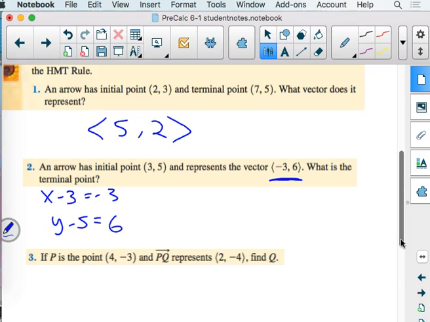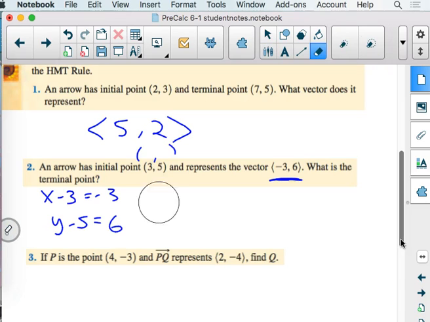Now, do you have to do that formula about it? If you're looking at this saying, well, can't I just work backwards? Yeah, then do that. Think backwards to, all right, I've got something minus 3 has to be negative 3.